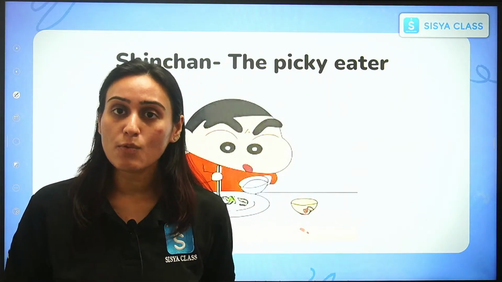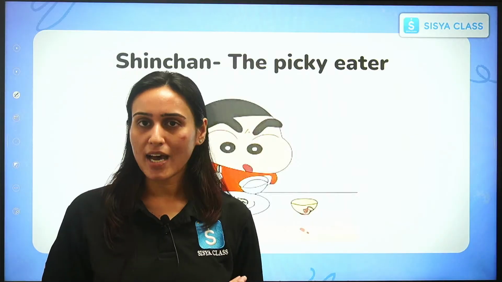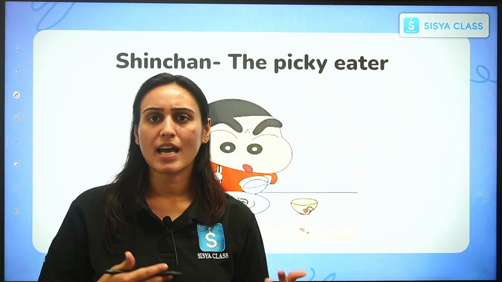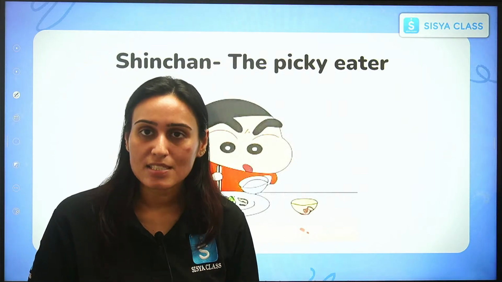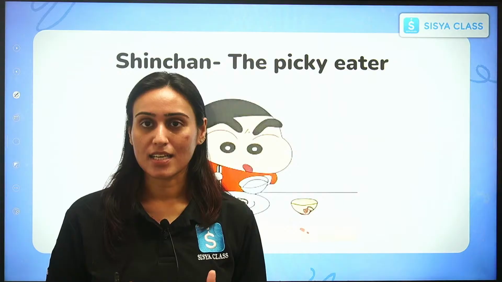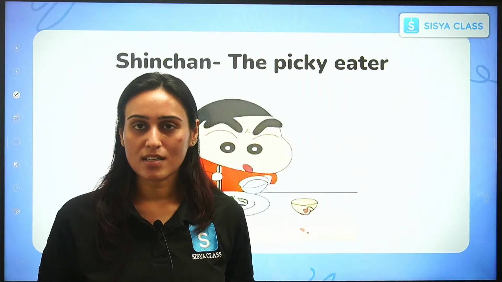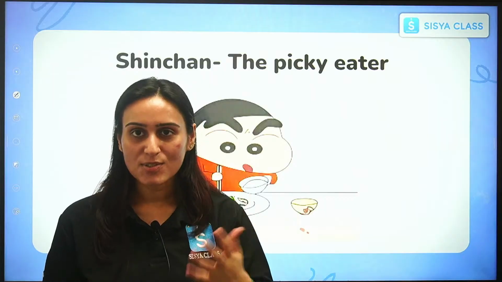Not always you want to separate out the components of the mixture. You are going to use the hand picking technique based on what are present in your mixture, what type of components are there, based on size maybe, based on density maybe. You can decide the technique. So right now we are talking about the hand picking method that Shinchan uses and us also sometimes.